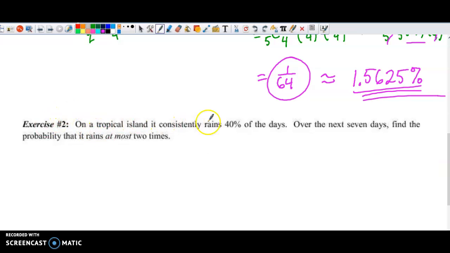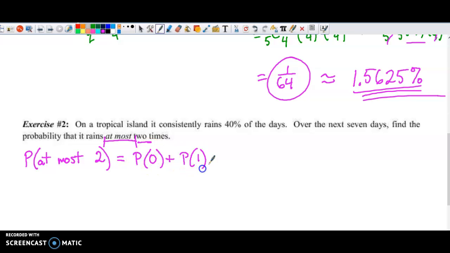Here's another problem that gets you to do that probability. Now, when I hear the word at most, I think 2 or less, and specifically 2 because of the number right here. So let me write that out first. At most 2, I think about how that's the probability it could be 0, could be 1, or it could be 2.